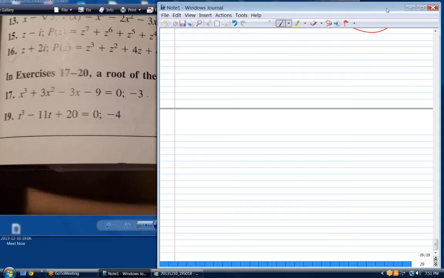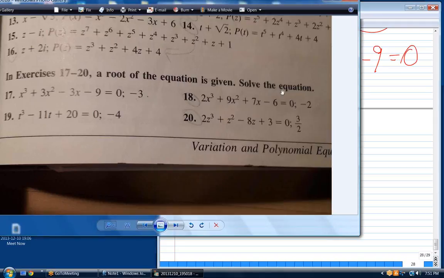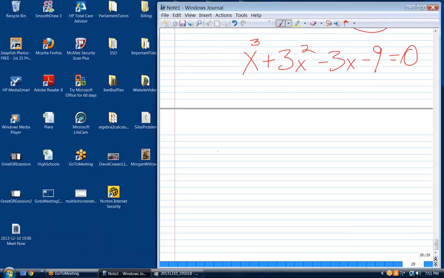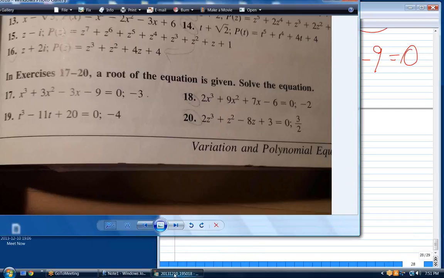Okay, so if they give us one solution to this polynomial, we're supposed to find all solutions? Yes, a root of the equation is given, solve the equation. Okay, so what's our one solution?